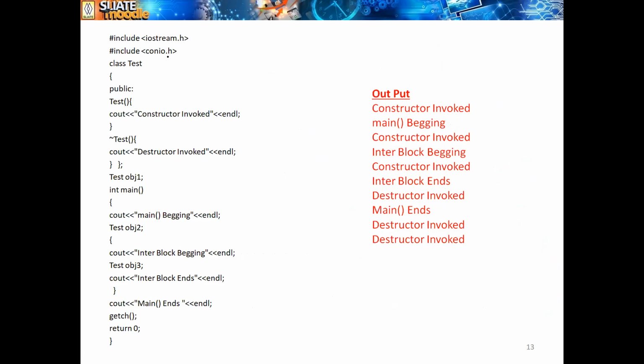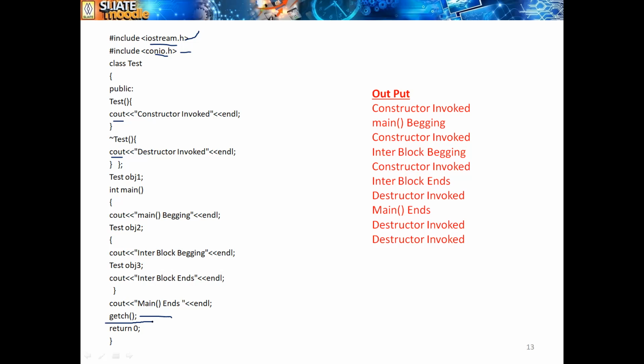This is an example of constructor and destructor. I use string.h and conio.h, and I use them for cout and cin purposes. If we need to use cout and cin, we need the iostream header file; we can't use cout and cin without it. And getch we can't use without conio.h. That's the reason for these two header files, conio.h for getch. Why do I need getch?